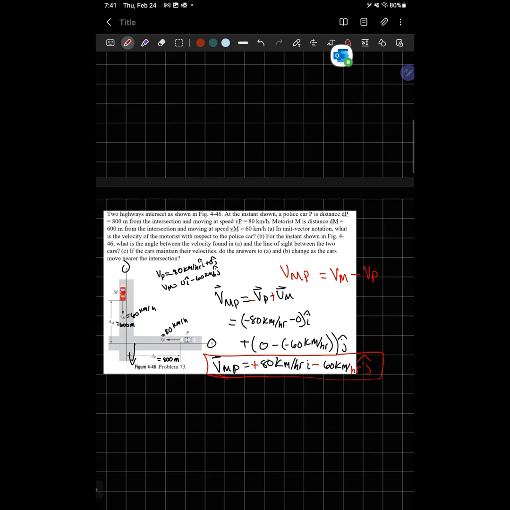So start with where you're going and then go back, which would be the motorist minus the police car. Does that make sense? Yes.